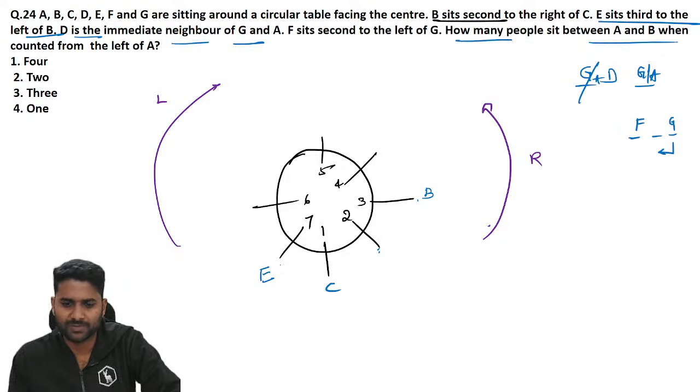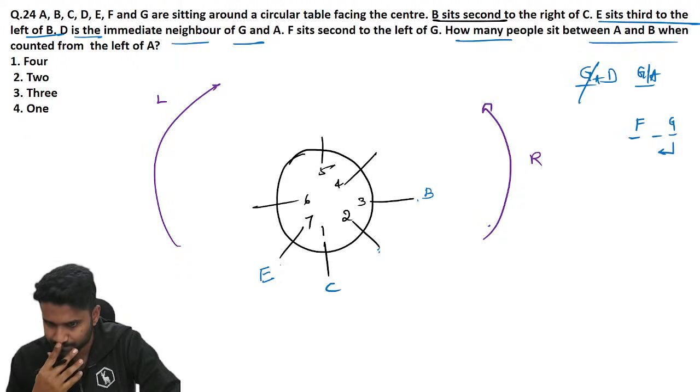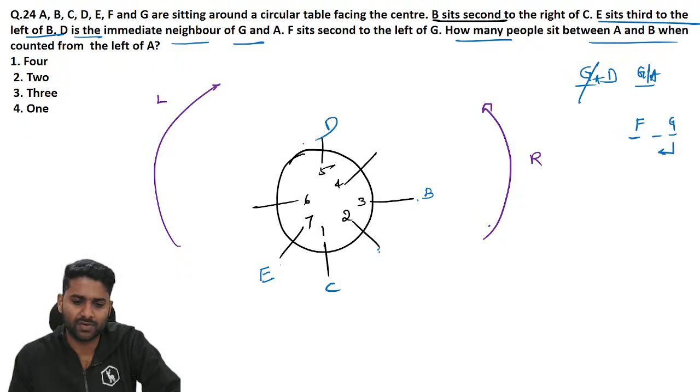How many people sit between A and B when counted left of A? So we have to fix this information. D is the adjacent of G and A, so this is the only possible arrangement. G and A, F and G, we have the final element. You can confirm G is at the second position.